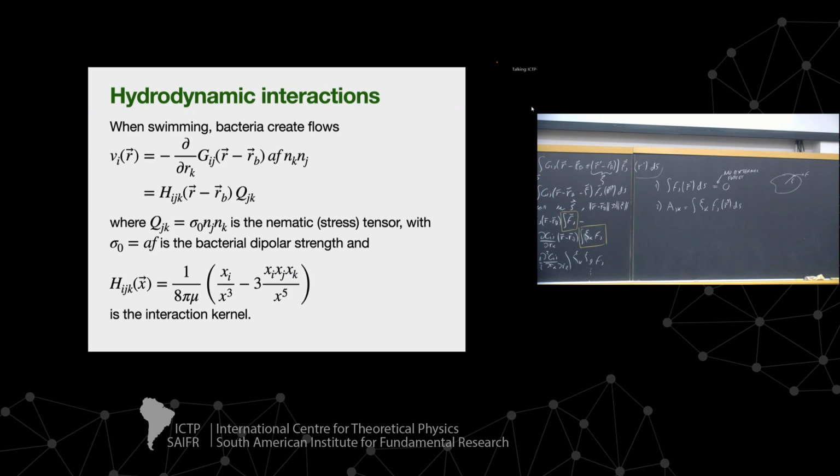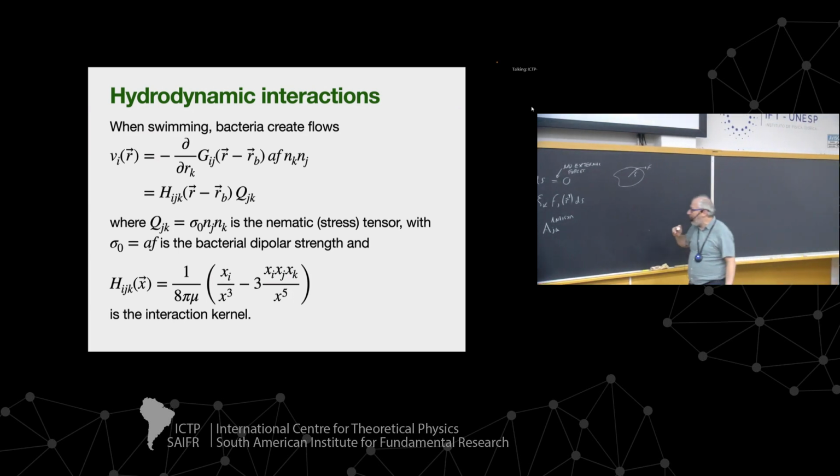Now I'm not going to enter into too many details, but it's a second order tensor, and you can write it as a symmetric part plus an antisymmetric part. All matrices you can write like this.